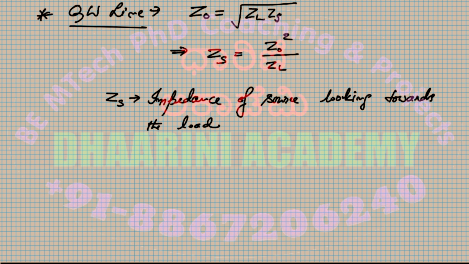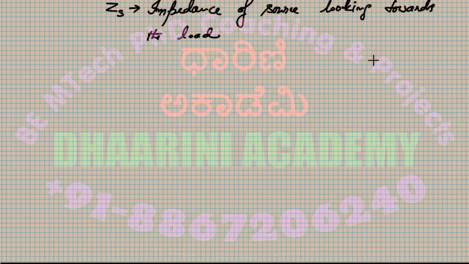Now let us look at an example to make things very clear. How do I utilize this equation in a practical problem? Let us consider a scenario wherein I have an antenna.